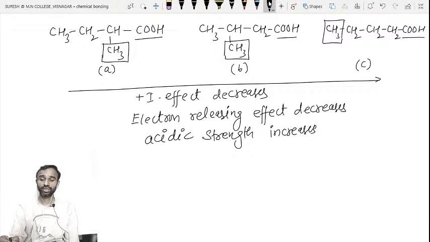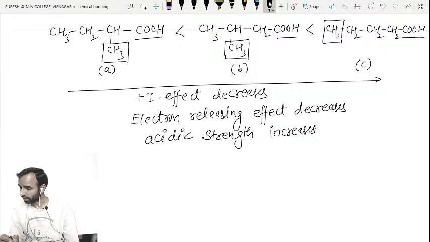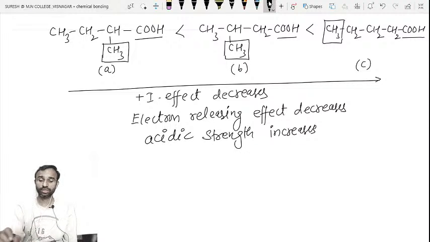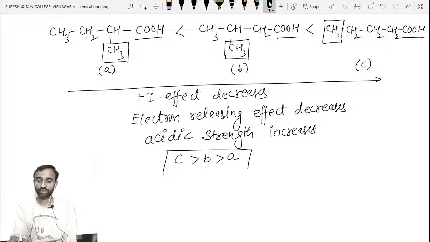That means the order is like this. Very good, Harshil. Swati, great. So in this case, C is more acidic than B, B is more acidic than A.